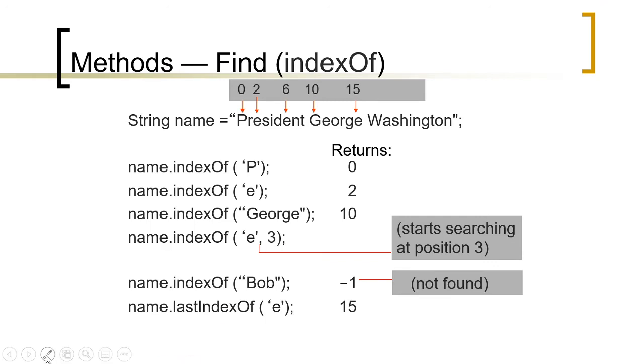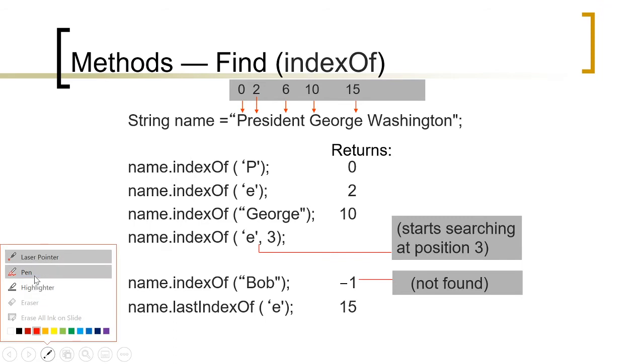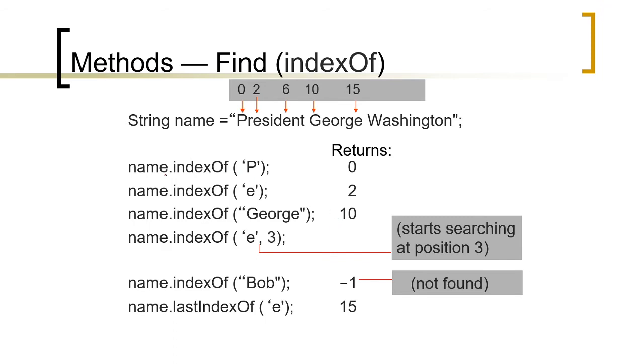Alright, so we do have here string name, "President George Washington". It starts with P, and the character P is at index 0. If we ask for the index of the character P, it will return its index. Example, indexOf E. As you notice, there are a lot of E's.